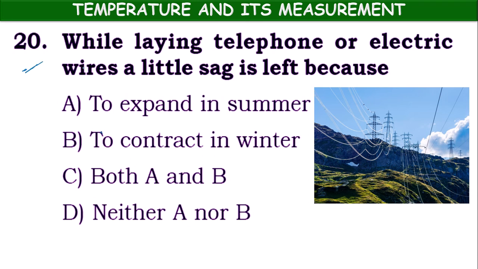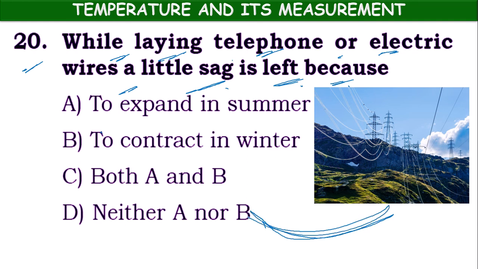Next question, 20th question. While laying telephone or electric wires, a little sag is left. A little sag means they were loosely fixed. Why were they loosely fixed? So that they can contract during the winter.